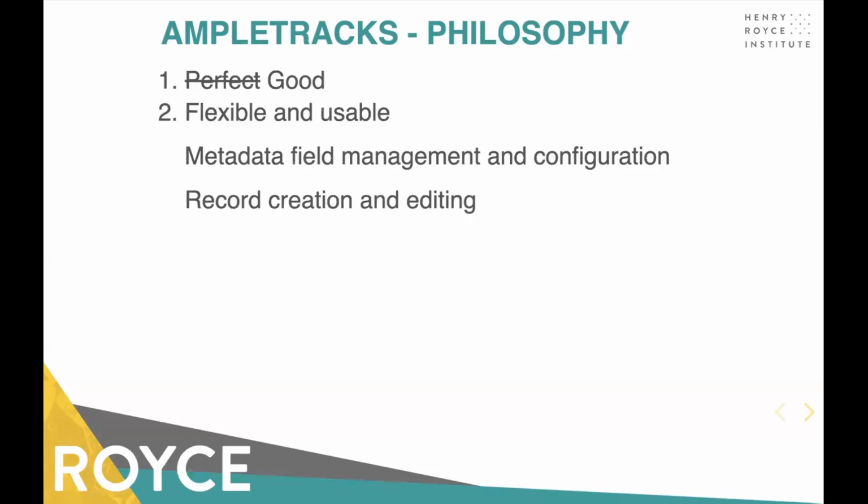So if they don't have all of the metadata they need to submit for their physical sample at that moment, they can go back and edit the record. Ampletracks will actually shout at you when that happens, but that isn't that much of an issue because it will still save the data that you input within its backend. And we want it to be very easy for the user to pick up and start working.